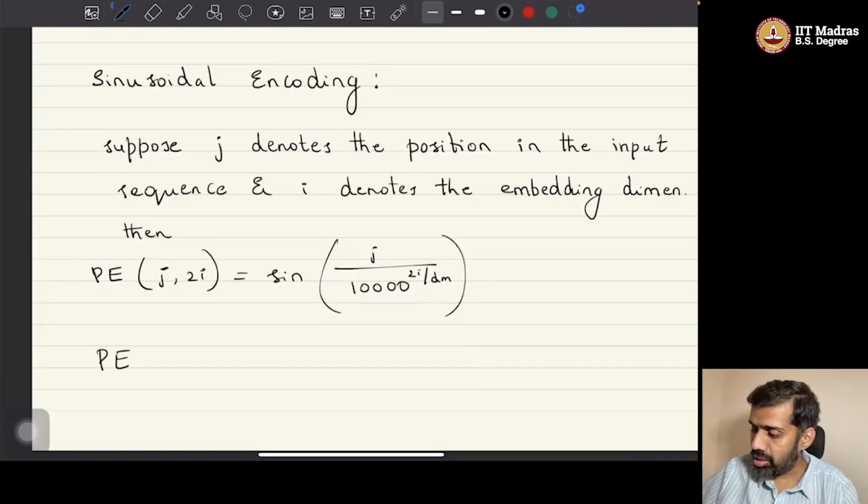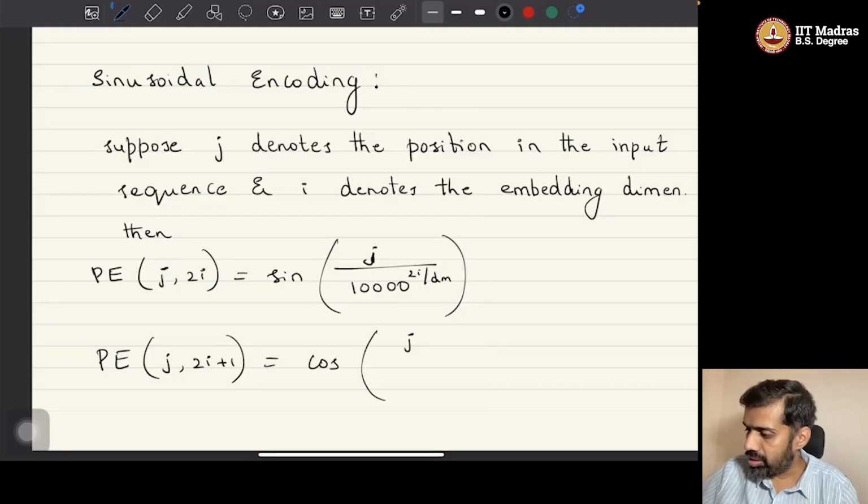For the odd dimensions, this is at 2i plus 1, we make this cosine of j divided by that large number again, 10,000 to the power of 2i divided by dm. So this is the definition.